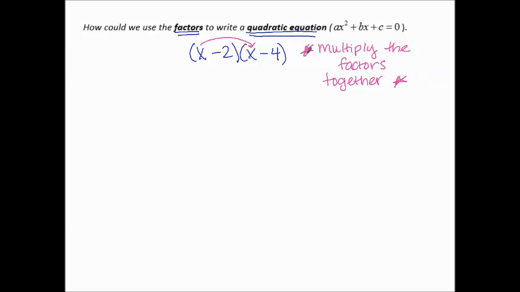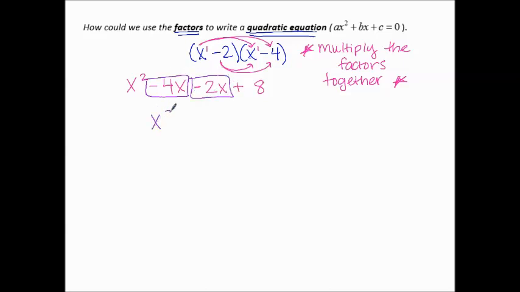So let's go ahead and do that. I distribute x times x gives me x squared. If we remember our exponent rules, x times negative 4 is negative 4x. Negative 2 times x is negative 2x. And negative 2 times negative 4 is positive 8. Then I'm going to combine like terms.